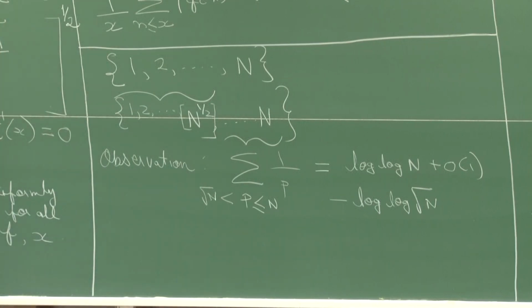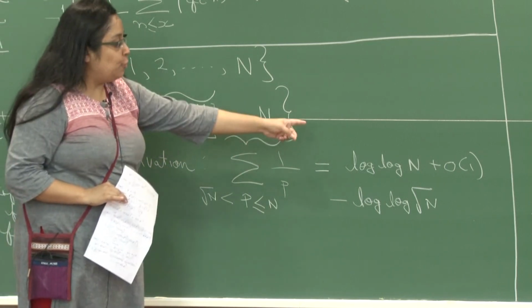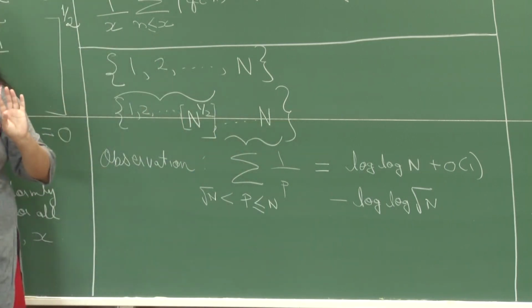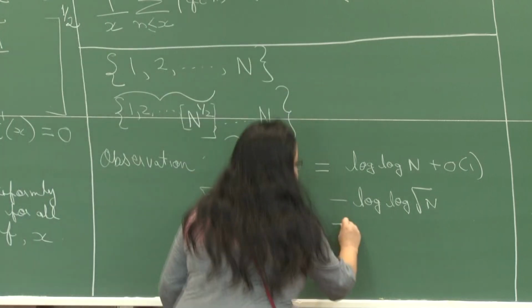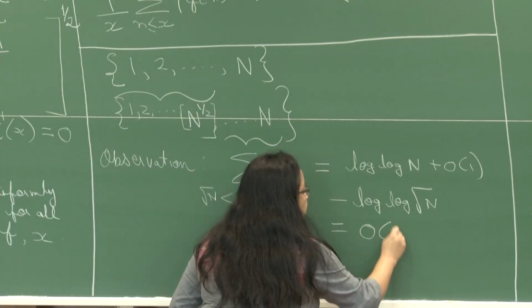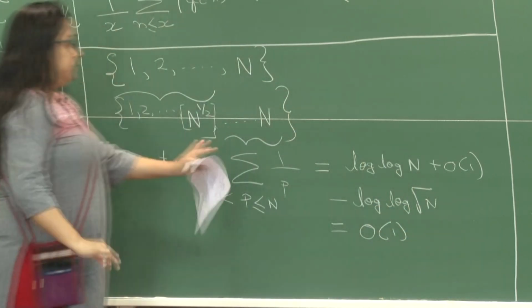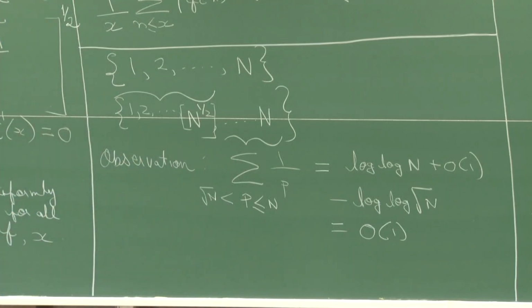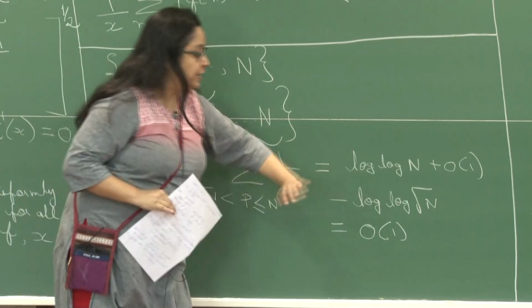Log root n is half of log n, so log n minus log root n is log 2. So, log of root n is also log of n plus O of 1. And therefore, what you end up getting is, this is just bounded above by some absolute positive constant. Okay, the main term log n and log n will cancel each other.